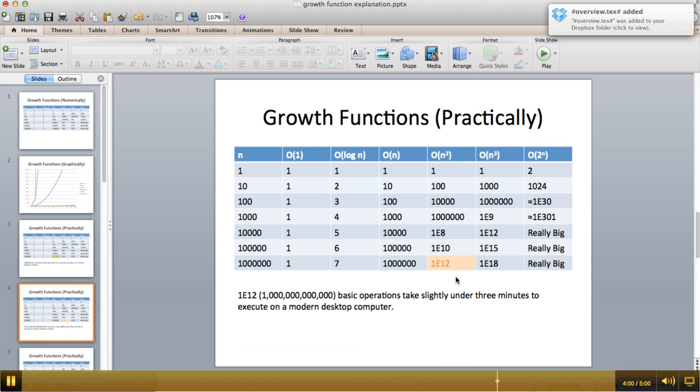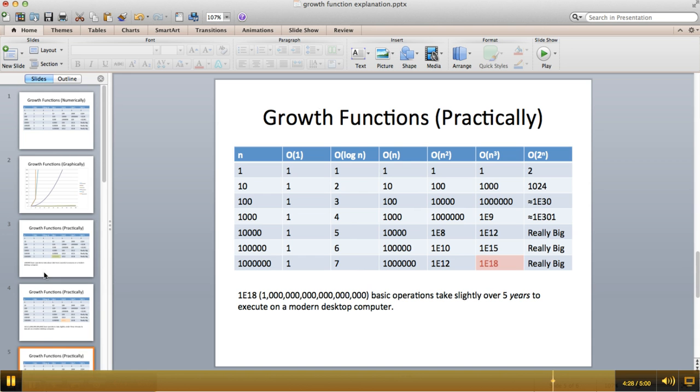So that's not that bad. But when we look over here and we see the behavior of a quadratic algorithm for the same size data set, we see that it takes 1E12 operations to perform that algorithm, which is this very large number right here. And modern computers can execute that in slightly under 3 minutes. So in some cases that may be acceptable, and in some it may not, depending on how fast you need to get back to your user.